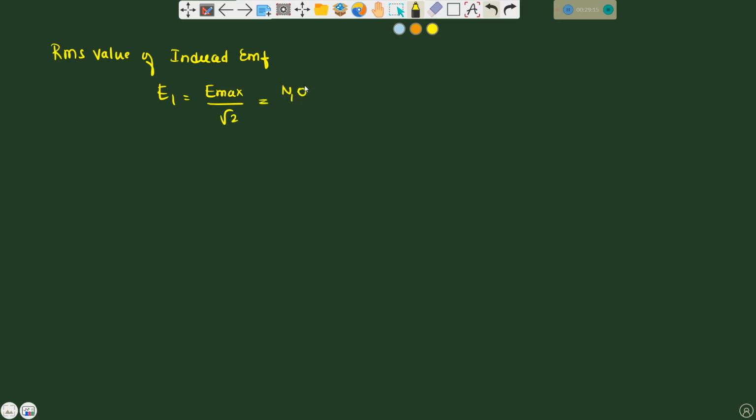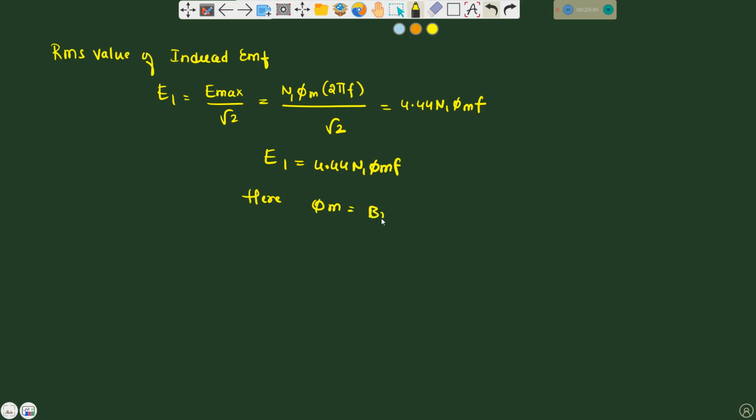Here omega is nothing but 2 pi f, angular velocity, so N1 phi m 2 pi f divided by root 2 gives 4.44 N1 phi m f, where f is frequency. So E1 equals 4.44 N1 phi m f.